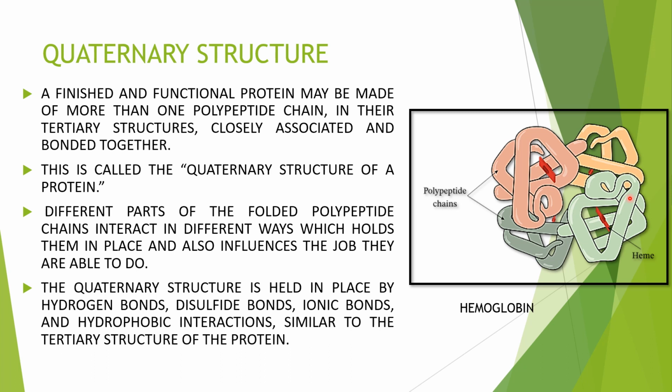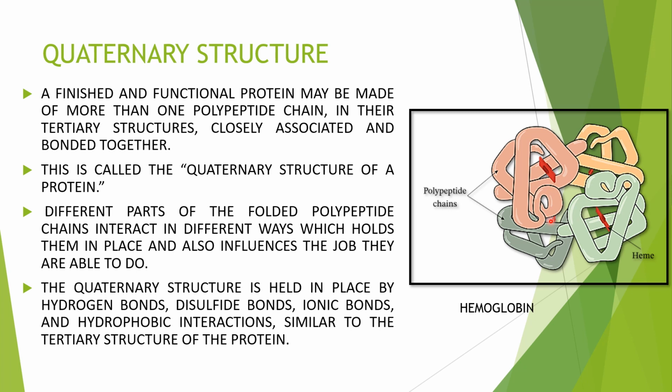They have their own alpha helices, beta sheets, and hydrogen bonding holding each polypeptide. In the quaternary structure, each polypeptide having a tertiary structure is again linked with the others. This can be due to hydrogen bonding, disulfide bonds, ionic bonds, hydrophobic interactions, etc.